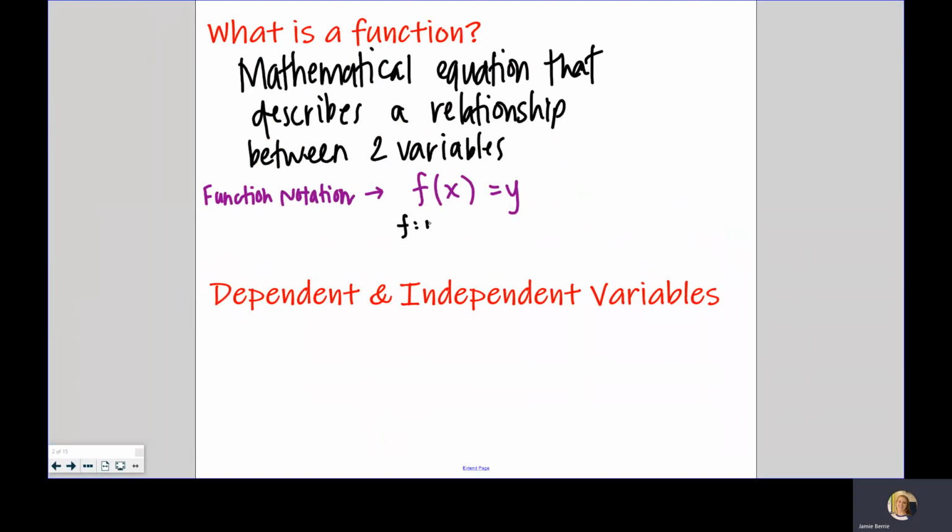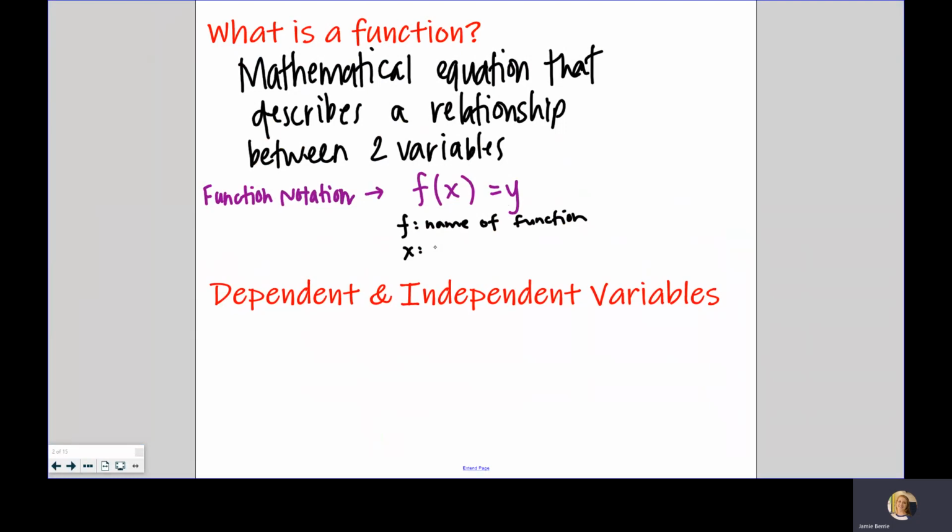F is the name of the function. X and y are our variables.